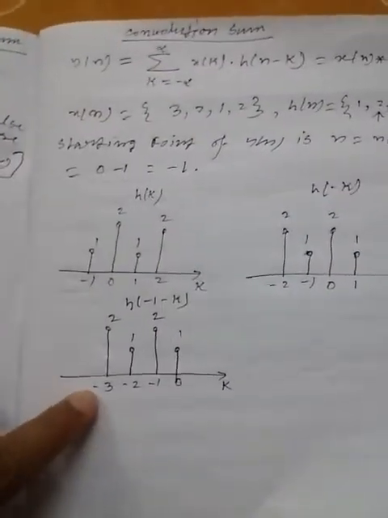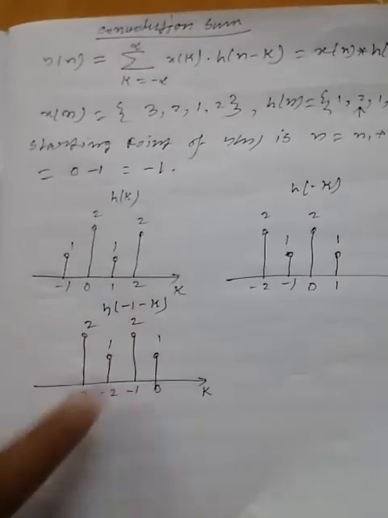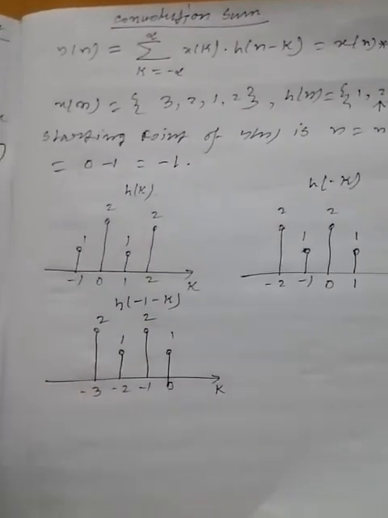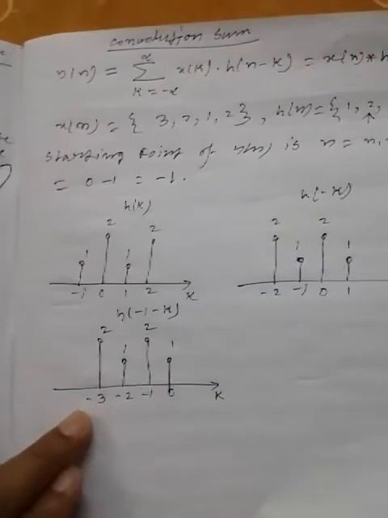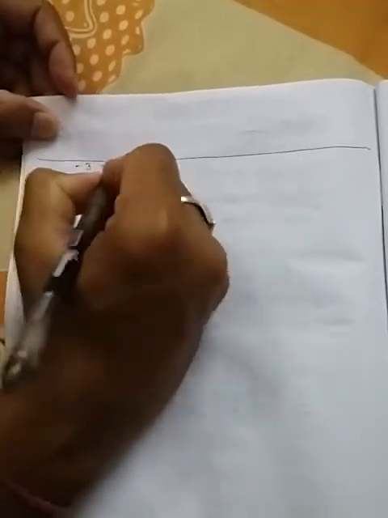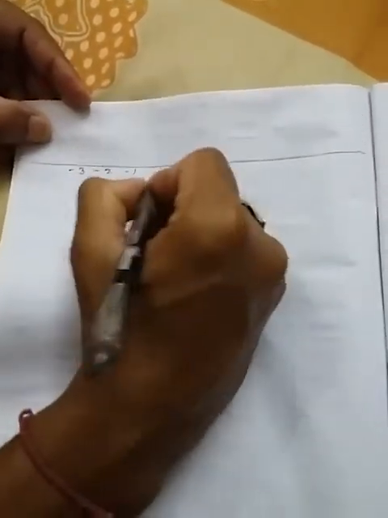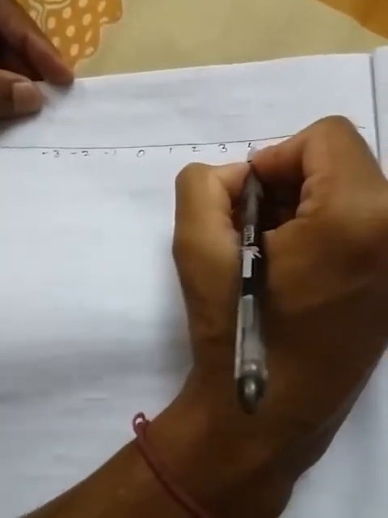The axis starts from minus 3, because in h of minus 1 minus k the least value of n or k is minus 3. So minus 3, minus 2, minus 1, 0, 1, 2, 3, 4, 5, this way.